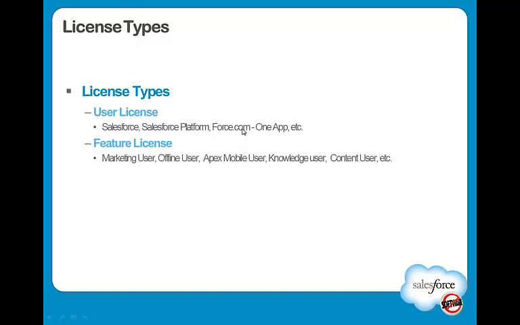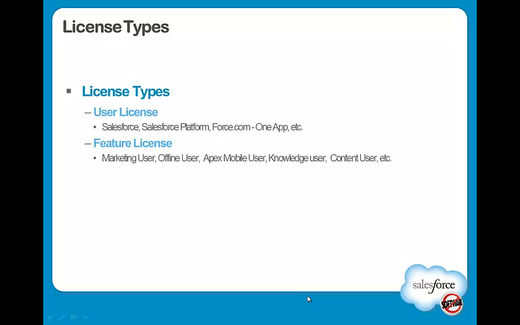He always wants to make money for the company, and he always wants to work. So whenever he's flying in, he would like to use that time. So he needs a feature license of offline user, which is on top of the existing user license. He may be using the Salesforce user license, and plus an offline user license would give him access to carry the data in offline mode. So those are the license types we are discussing.